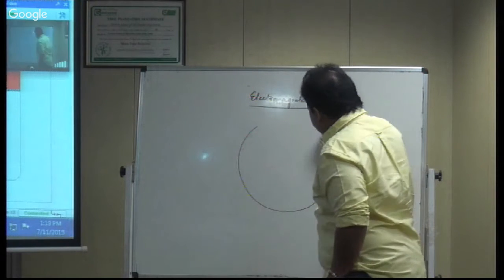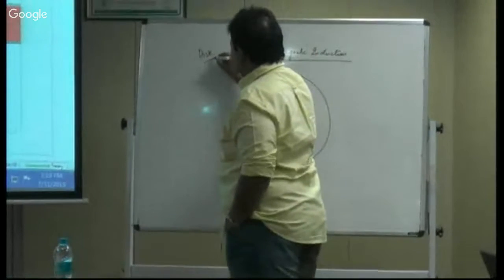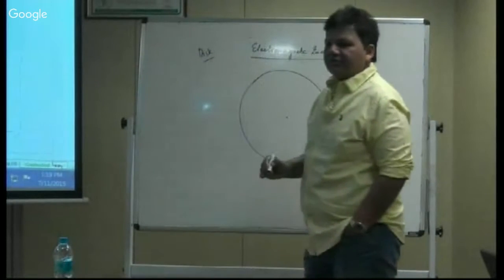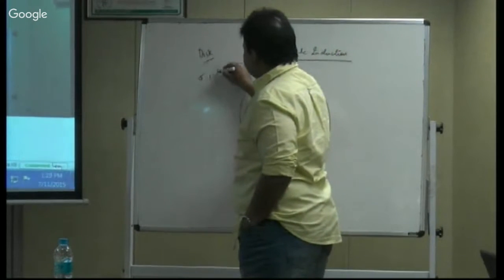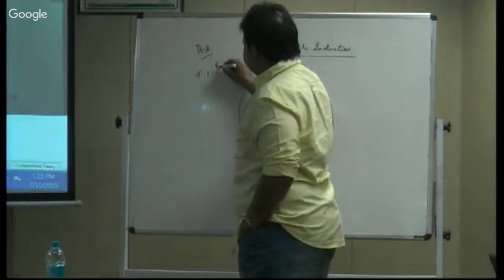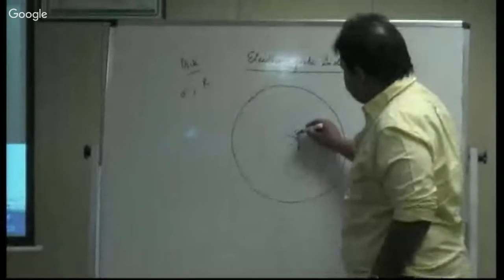Suppose I take a disk, which has a uniform charge density sigma, radius r, and about the center it is rotating with angular velocity omega.